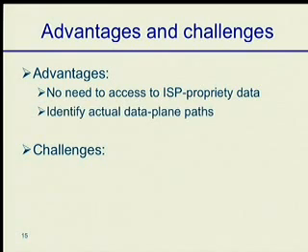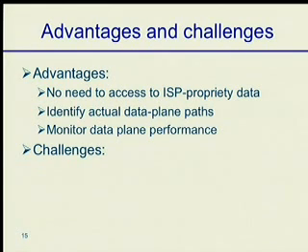So I mentioned one advantage previously, because you don't really have to have access to proprietary data from the ISP. And a second advantage is actually pretty important, we believe, because if you just observe BGP routing updates, it doesn't really tell you the actual forwarding behavior. Sometimes the BGP path has changed, but the forwarding behavior is not really disrupted, because a lot of times BGP routes are aggregated, and the actual detailed prefix routes may not be modified in any way.